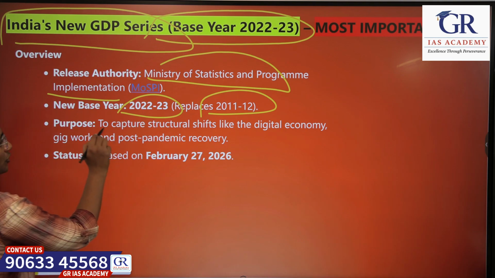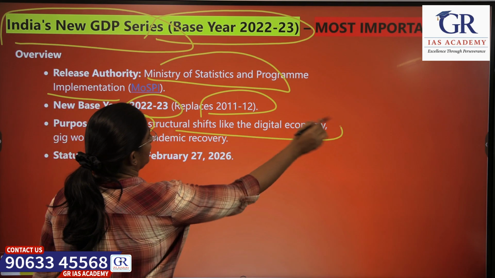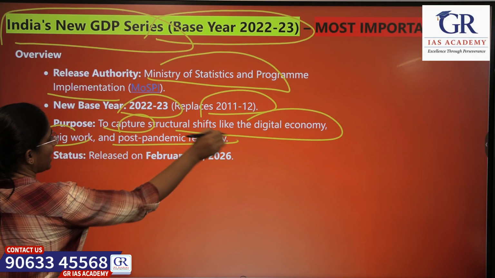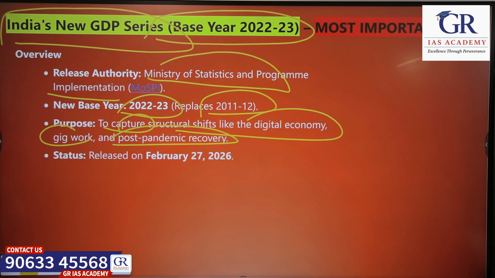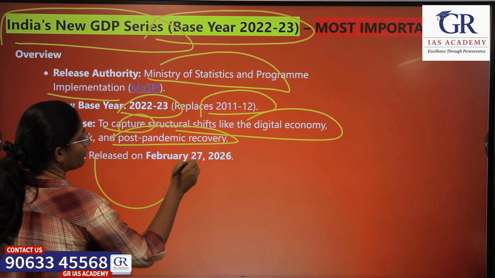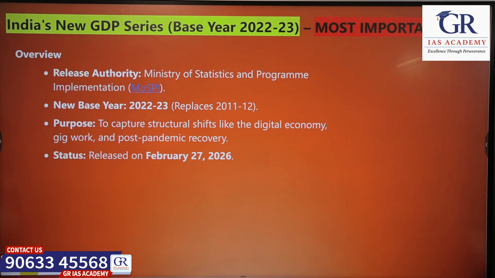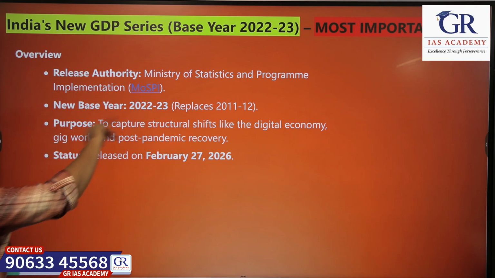In order to capture shifts like the digital economy, gig work and post-pandemic recovery. It is released on Feb 27 of 2026. So, MOSPI is changing the base year from 2011-12 to 2022-23.